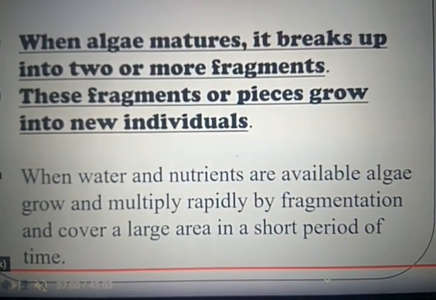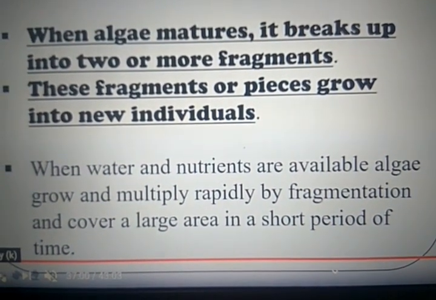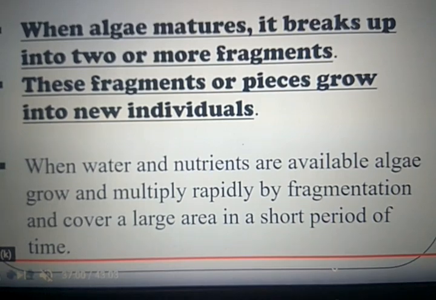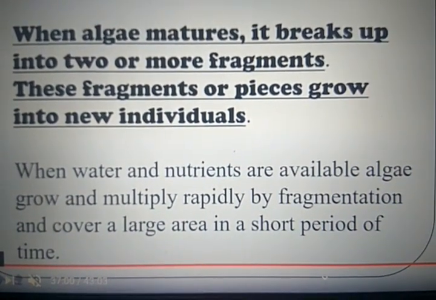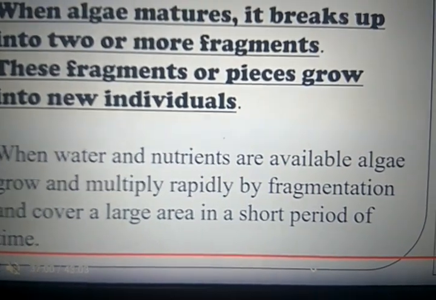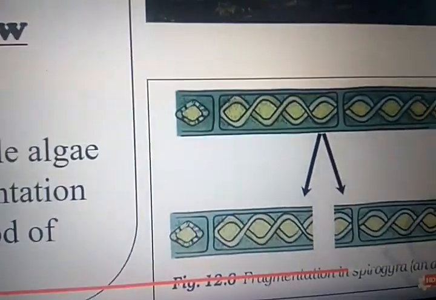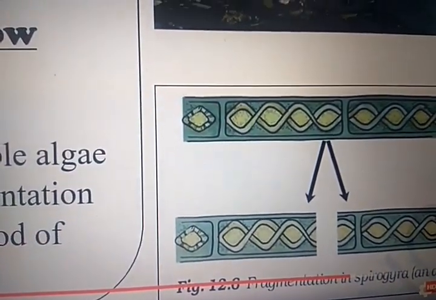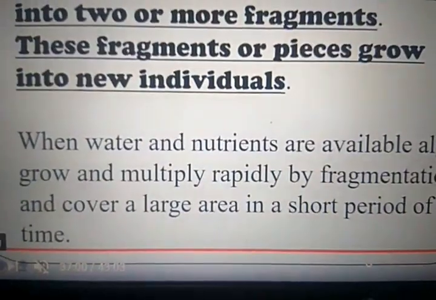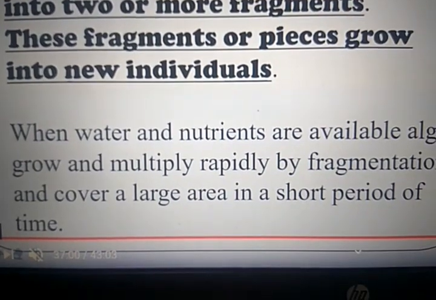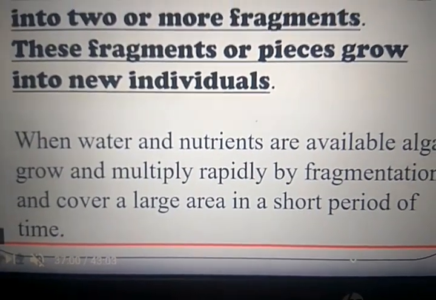So like this way it is cut into new individuals. When algae matures, it breaks up into two or more fragments like this way. It is called fragmentation. These fragments or pieces grow into new individuals.